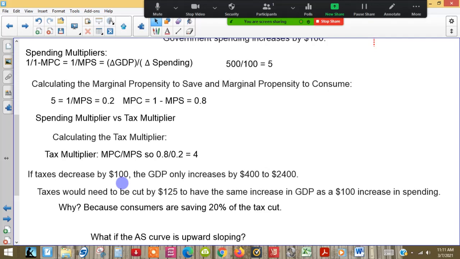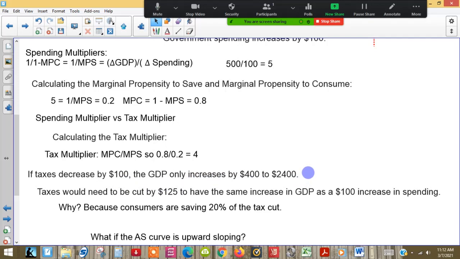And we find out that it's not going to increase the GDP by as much, because we have a lower multiplier.